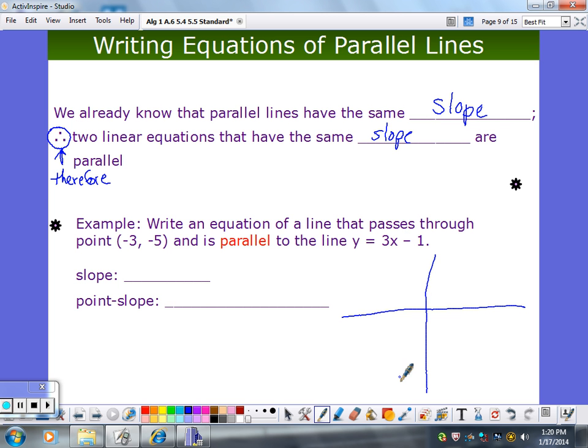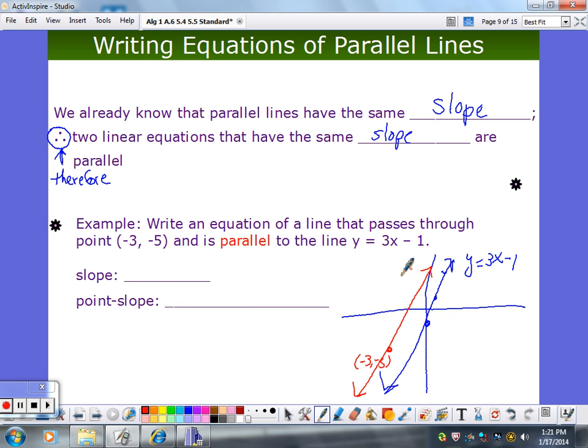I'm going to graph y equals 3x minus 1. The y-intercept is at -1, and my slope is 3, right? So up 3, right 1, up 3, right 1. So I've got this line, y equals 3x minus 1. Now what do I want? I want another line. It's going to go through this point, -3, -5, and it's going to be parallel to the other line.